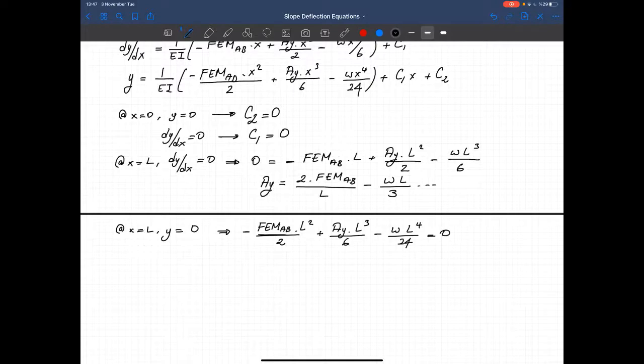So let's call this one equation 1. This one as equation star.